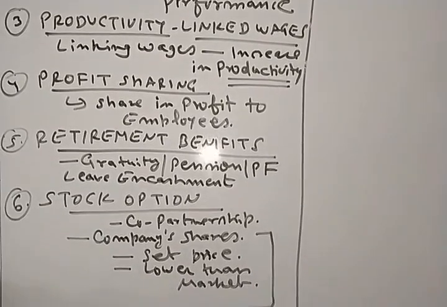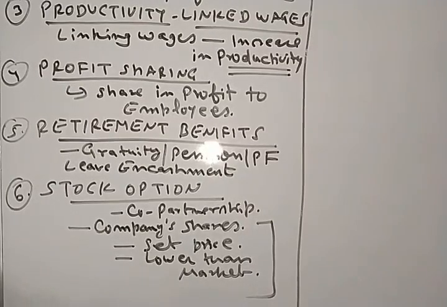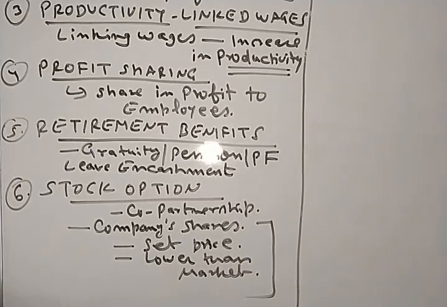What is a stock option? Suppose a company offers its employees shares of the company at a certain rate. Suppose in the market the rate of a share of that company is 400, and the company may offer that employee the same share at 200 if the employee likes to take it. These shares are offered, so this offering is called a stock option.